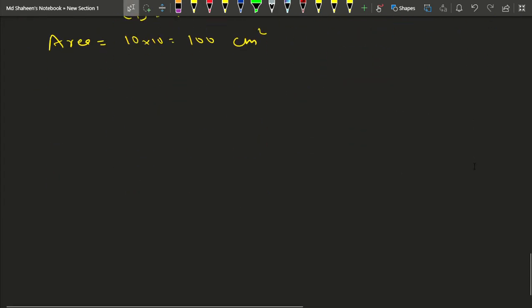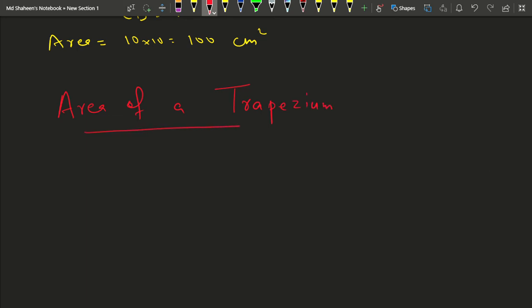Next, we are going to find the area of a trapezium. What is a trapezium? We should first know what a trapezium is. See, a trapezium is like, you remember the parallelogram.